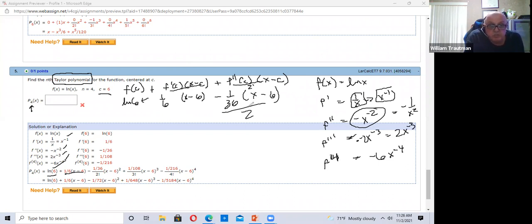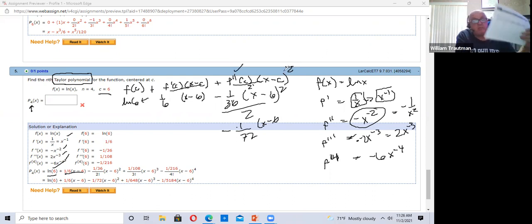And so when you do 2 factorial, 1/36 divided by 2 is the same thing as 1/36 times 1/2. This becomes 1 over 72 times x minus 6. And don't forget, since it's squared, we have to put a square there. I have the formula right in front of me, and I forget that so often, but you don't forget that.